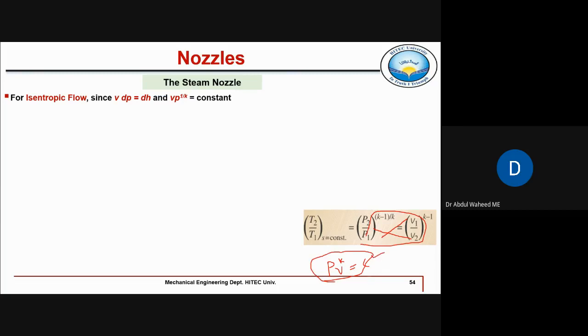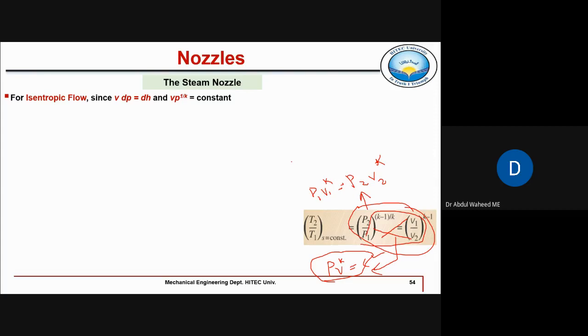आपने जो बेसिक कैलकुलस पढ़ी हुई है, PV we can say this thing, PV to the power K, or P1 V1 to the power K, or gamma is equal to P2 V2 to the power gamma over K. This thing can be written like this one, right?